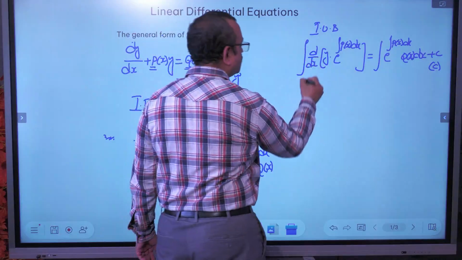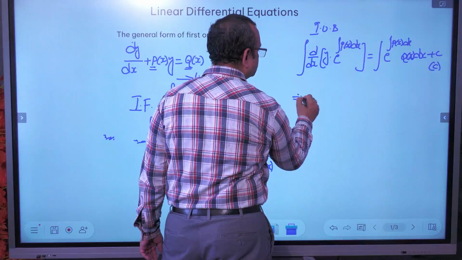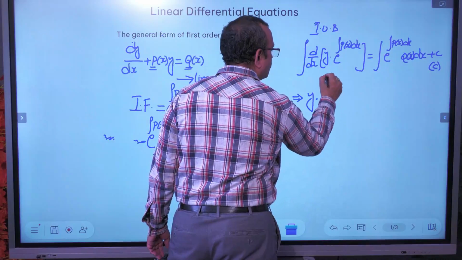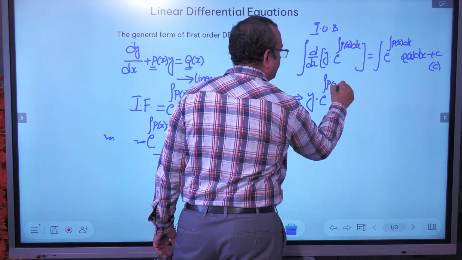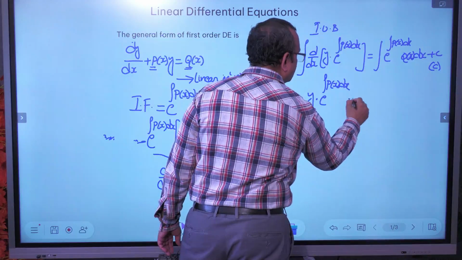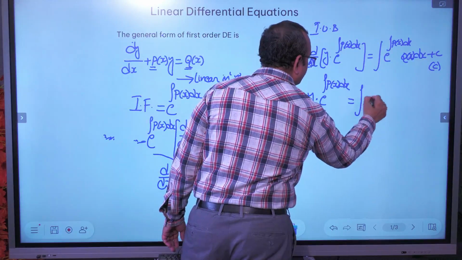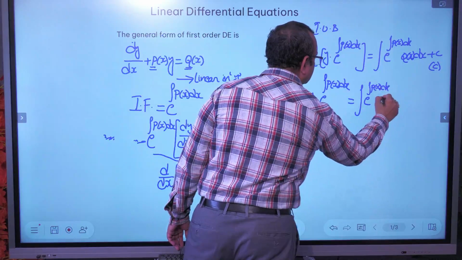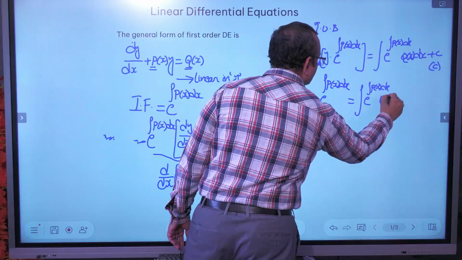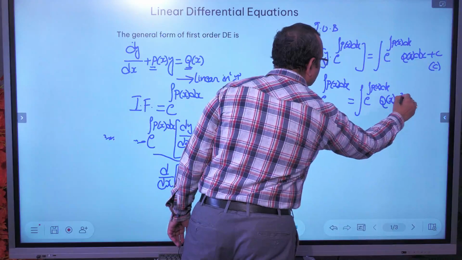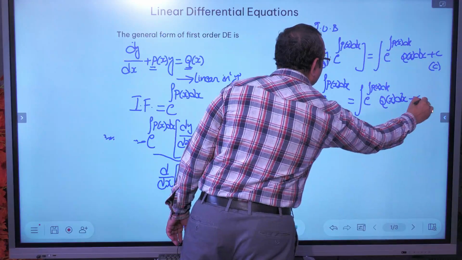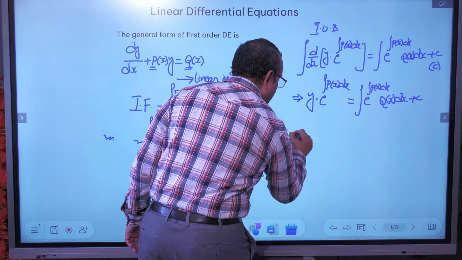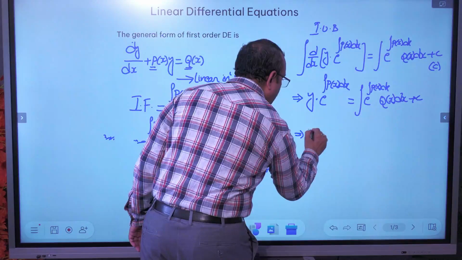And here the integration and derivative are inverse to each other, so we get the left side as y into e power integral p of x dx is equal to integral of e power integral p of x dx into q of x dx plus c.